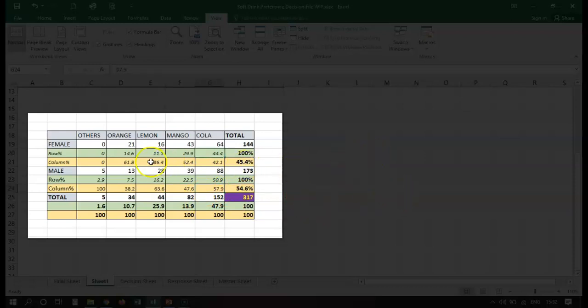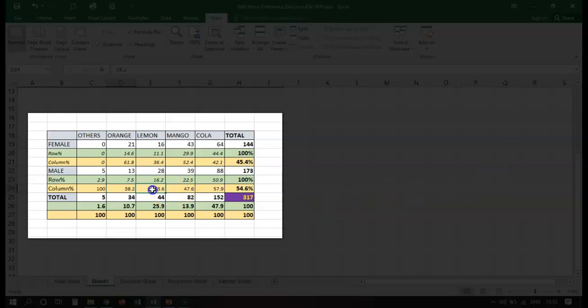In contrast, 61.8, that is 62%, of the orange lovers are female, whereas only 38.2% of orange lovers are males.